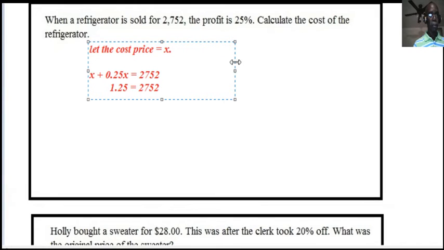Remember, this is an equation. So to get x, we must divide 2,752 by 1.25.